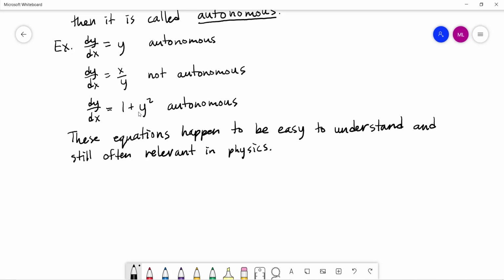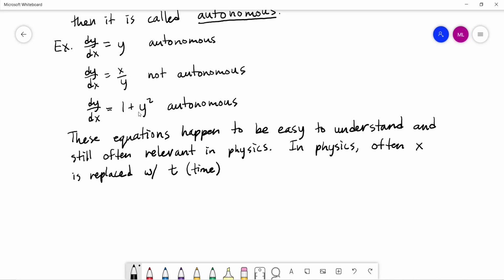So in physics, often the x is replaced with t, which is time.